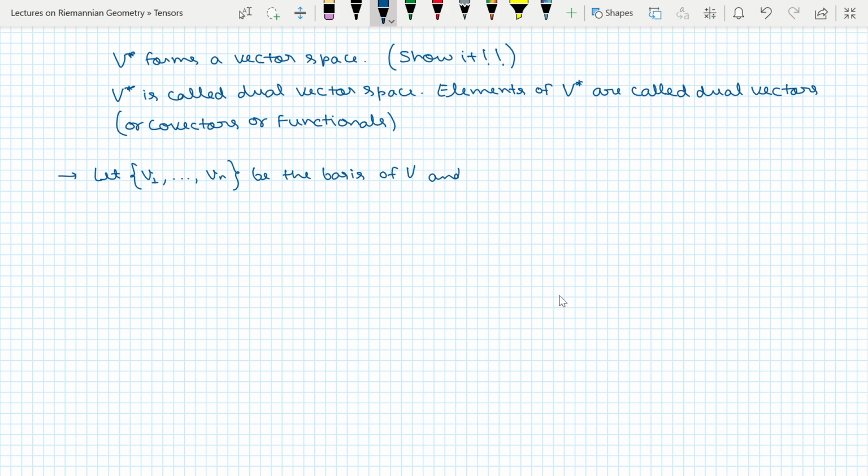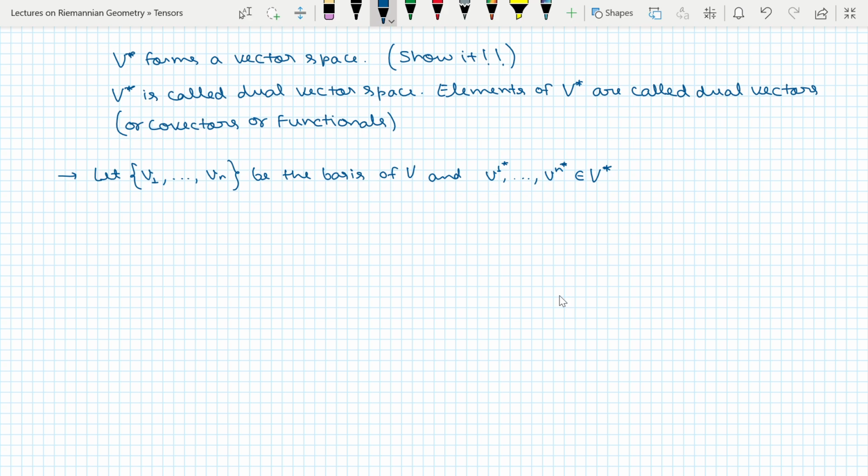And let's say you have these elements from the V star, V1 star up to and so on Vn star. These are the elements coming from the corresponding dual space.